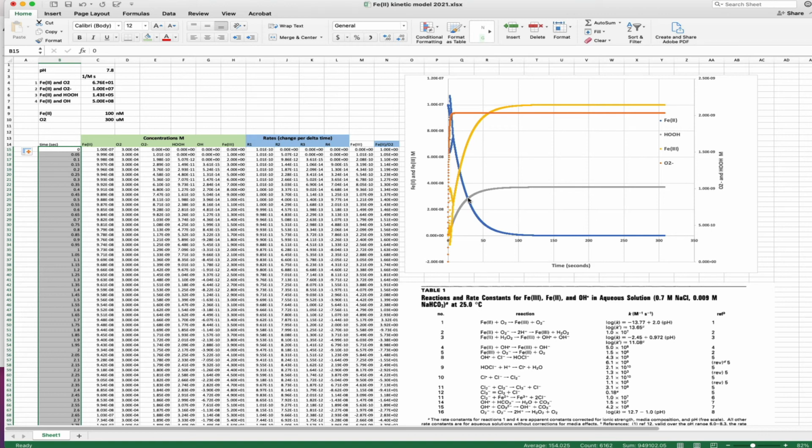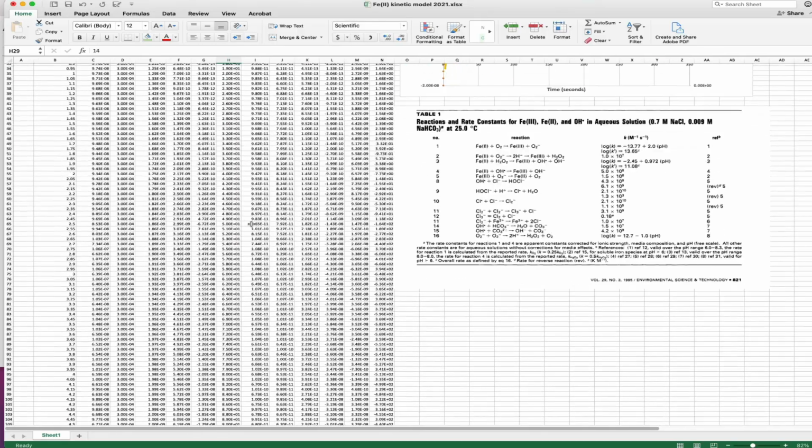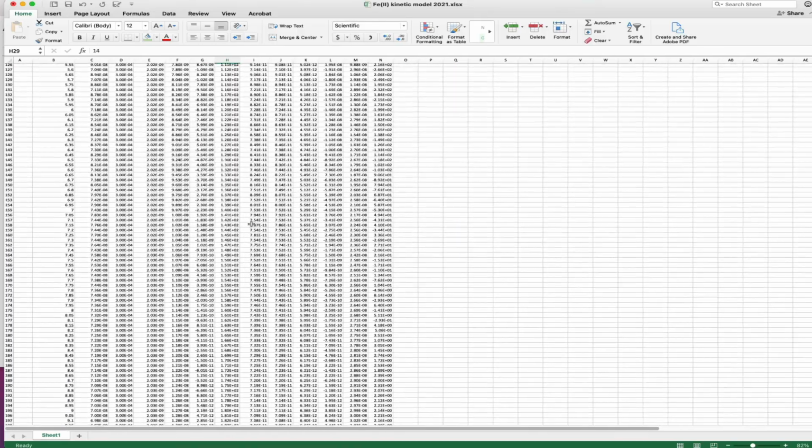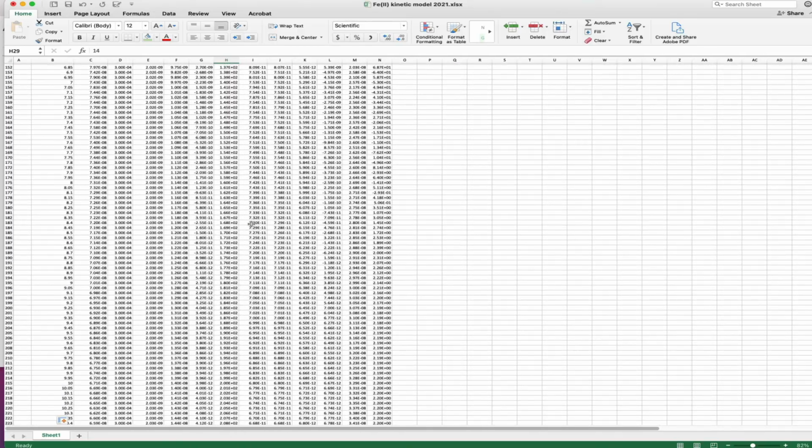What's happening is I'm getting negative numbers in my rates. Why am I getting negative numbers in my rates? Let's see if I can go find these. Where are they? Right in here. I'm getting negative numbers right in here in column L.